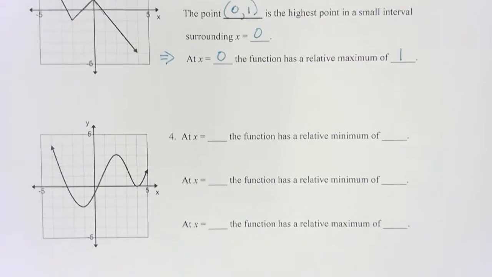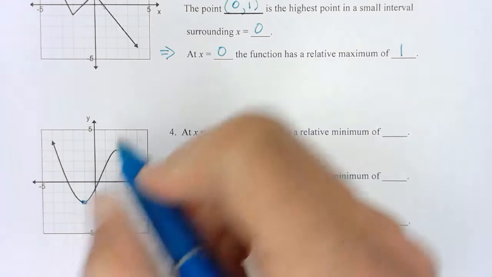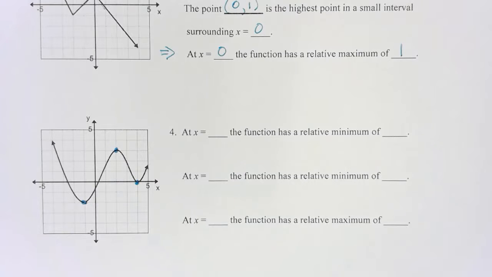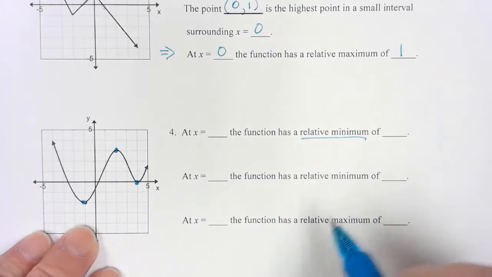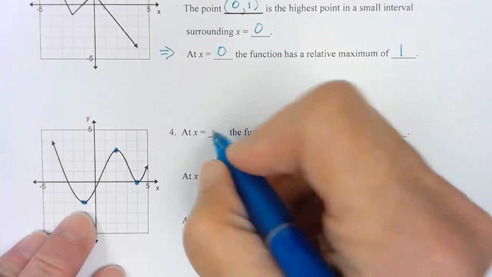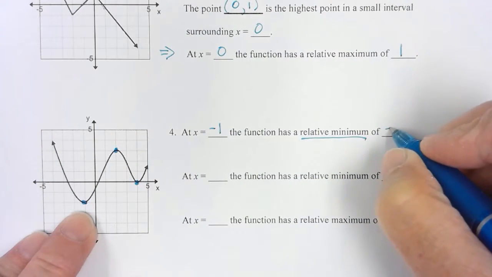So, in this example, notice I do have a minimum here, a maximum, and a minimum. Maximums are always hilltops, minimums are always in the valley. So the first relative minimum, I'll just use my first one here. At x equals negative 1, I have a relative minimum of negative 2.